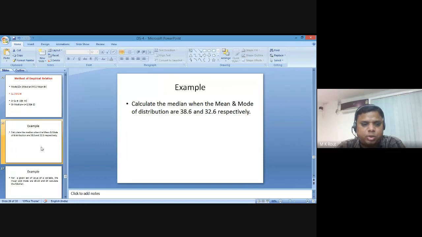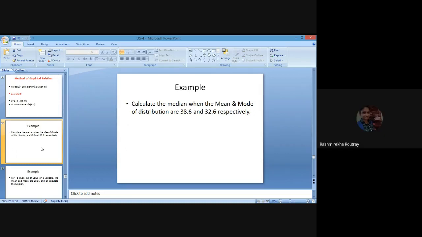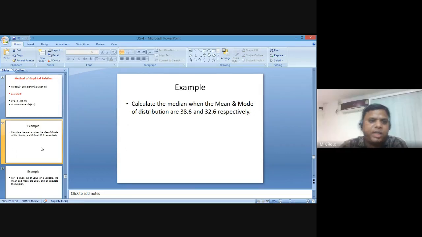Which formula are you using in this case? Median equals Z plus 2 by 3 into mean minus Z. Here mean is given as 38.6 and mode, that is Z, is given as 32.6. Calculate the median.